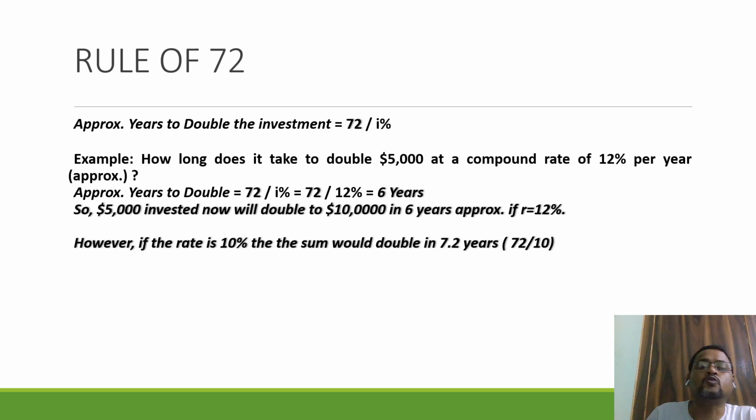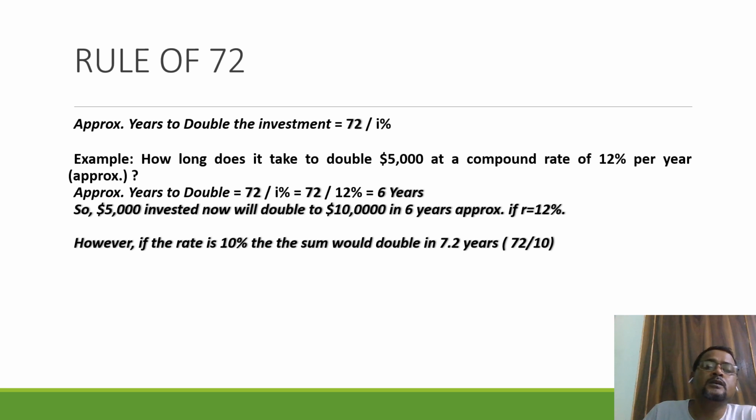Rule of 72. This is a very important concept in finance. But this is an approximate formula. Suppose you have $10,000 or $100,000 and you want to know how long it will take to double your money.